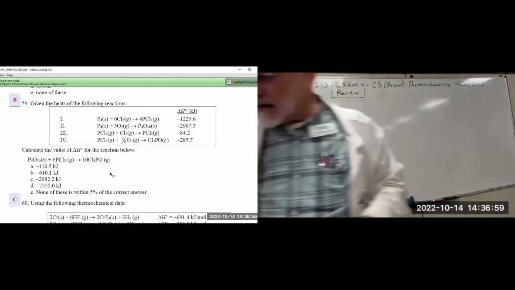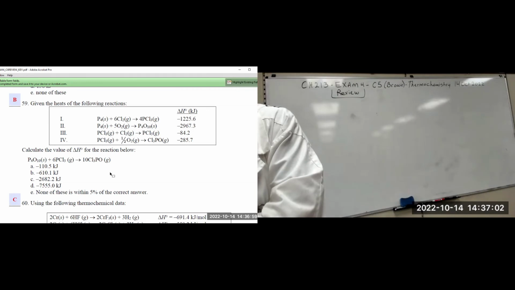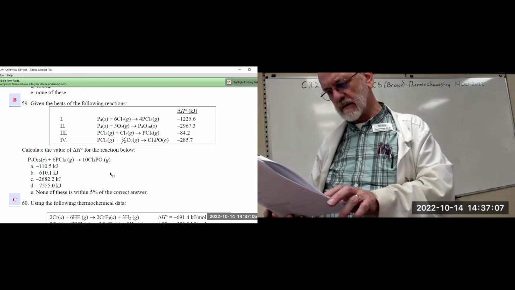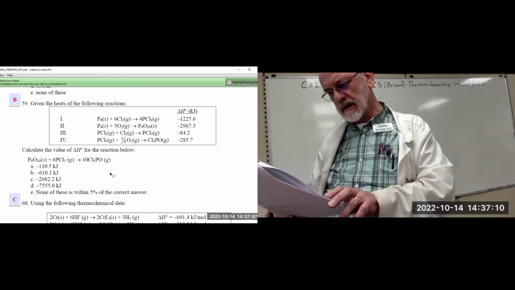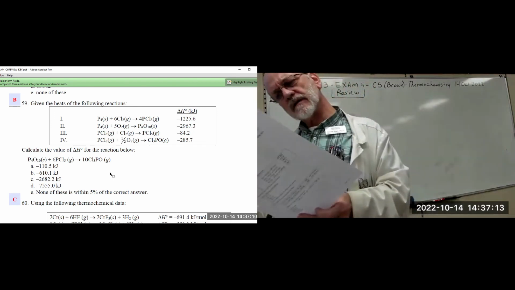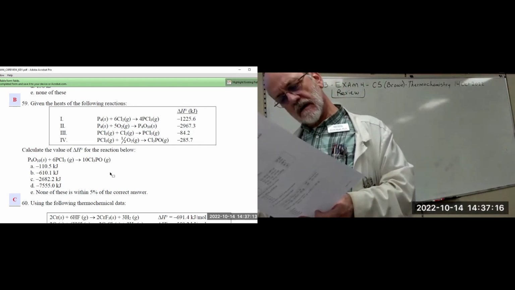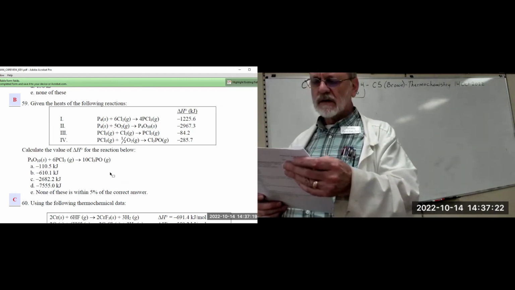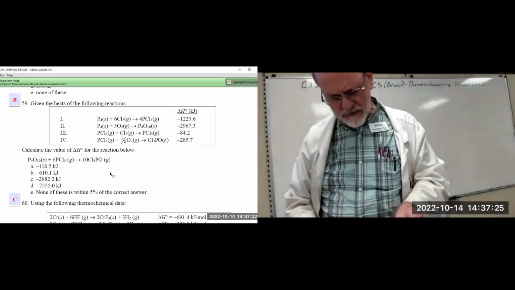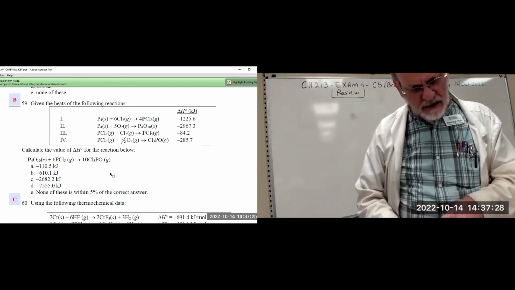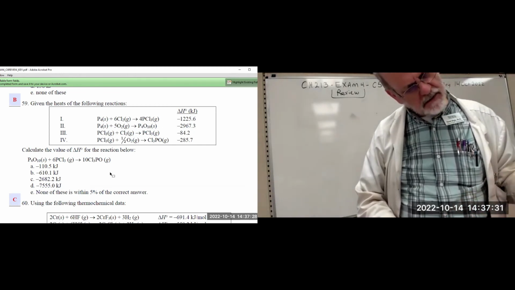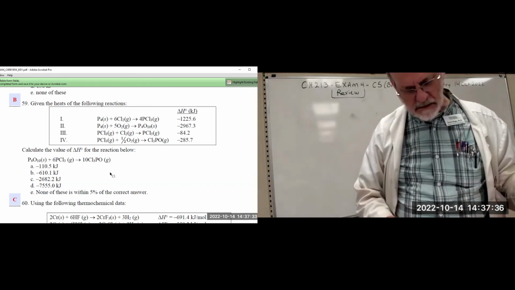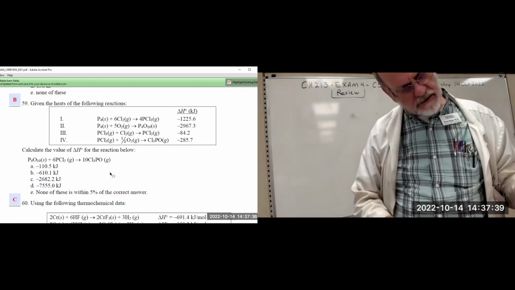Okay, that was 59. Let's see. I want to do one using heats of formation. Let's see. Heats of formation. Okay, 65 is a good one. There was another one in here I wanted to get to also. Just a second.